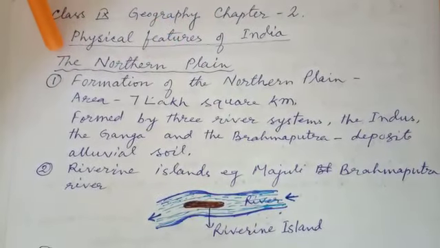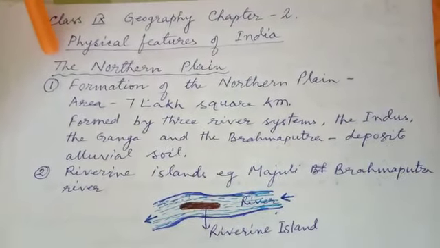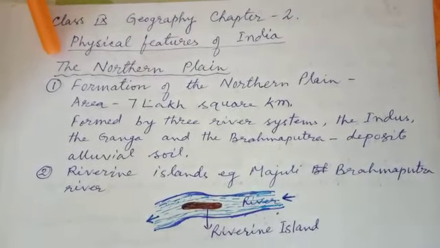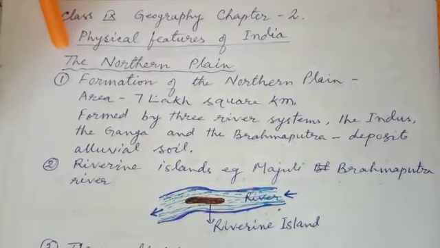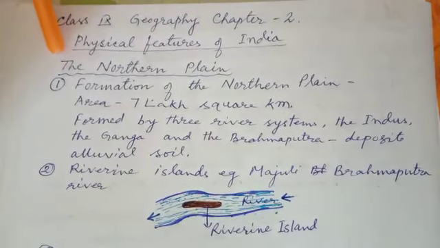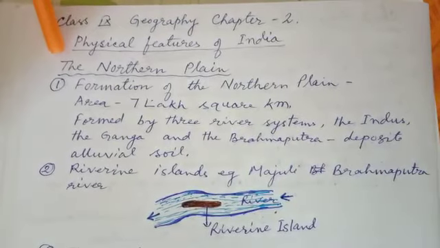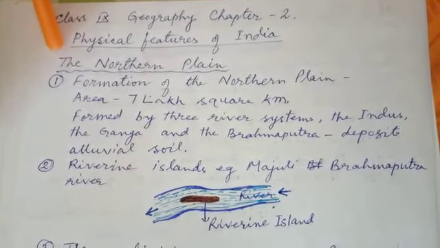Now, for the formation of the northern plain: the northern plain, spread over 7 lakh square kilometer, has been formed by three river systems, mainly the Indus River, Ganga River and Brahmaputra River, along with their tributaries. The rivers coming from the northern mountains deposit alluvial soil in this region.